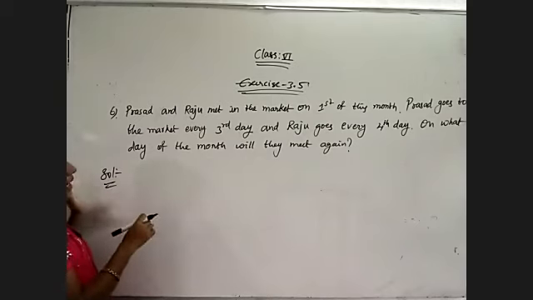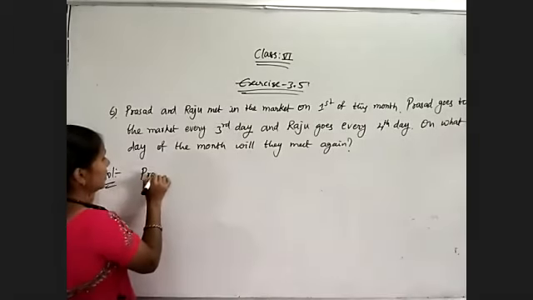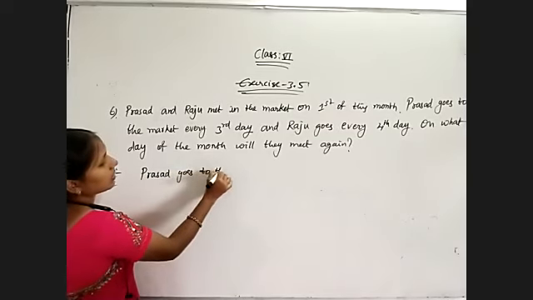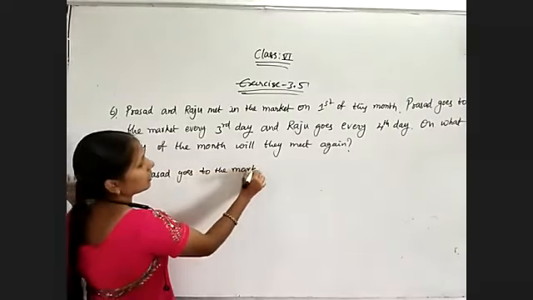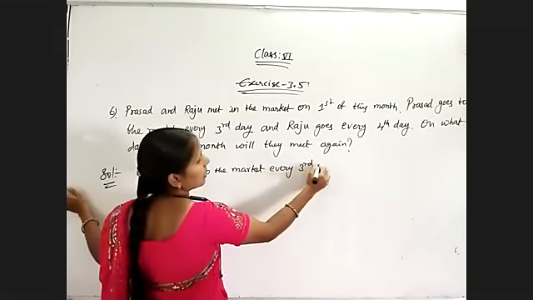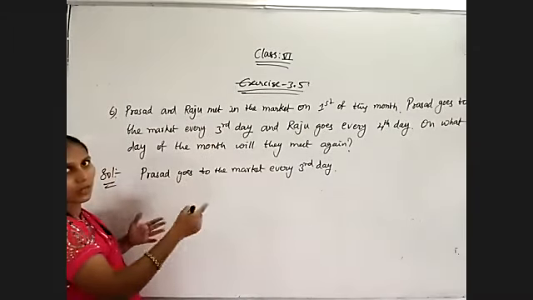Now write. Prasad goes to the market every third day. So what are the multiples of 3? Write them down, which means only on those days will he go to the market.